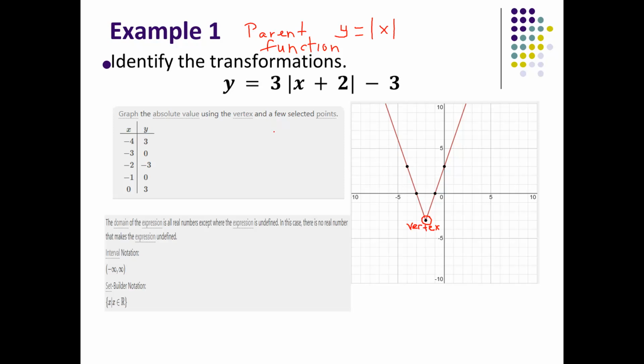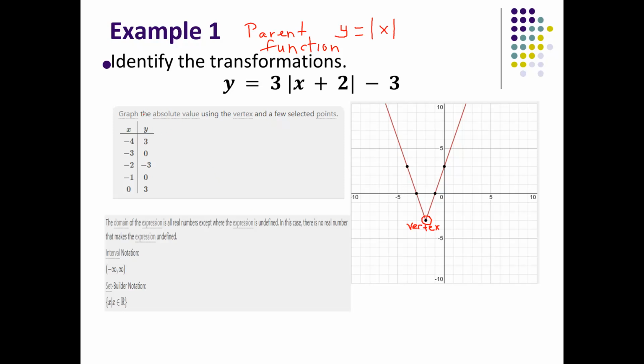So any number can be replaced for x in this equation. Your interval notation is telling us negative infinity, comma, positive infinity.